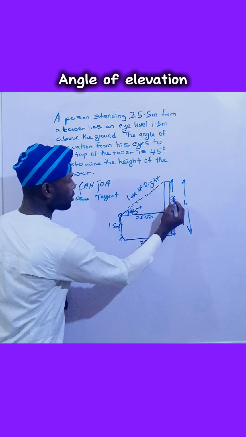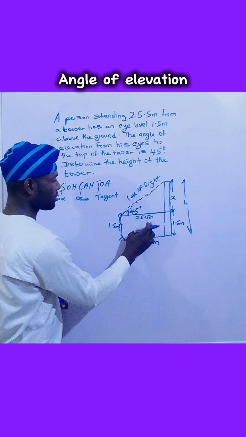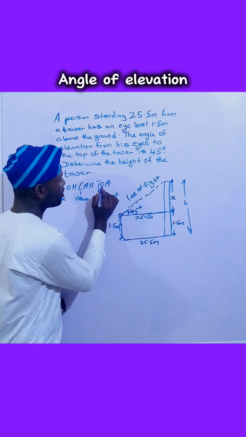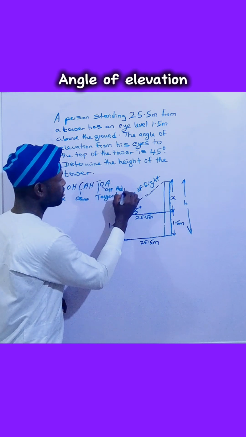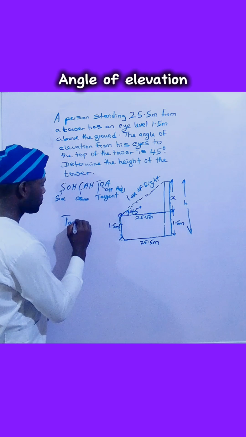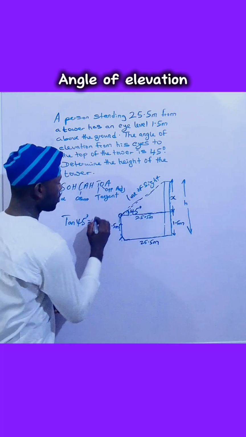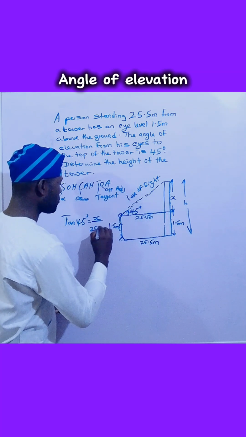The opposite of this angle is X, and we have opposite and adjacent, and tan is opposite over adjacent. So tan 45 degrees is equal to opposite, which is X, over adjacent, which is 25.5.